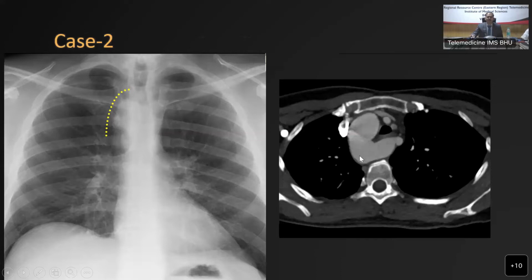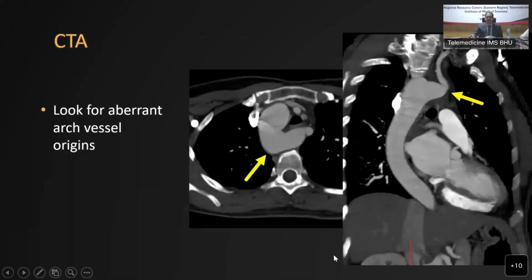So on CTA, actually, we found this. This is not only a right-sided aortic arch, but there is also aberrant origin of the subclavian artery with a prominent diverticulum at its ostium called diverticulum of Kommerell. Diverticulum of Kommerell is basically a bulbous dilation at the ostium of the aberrant subclavian arteries.